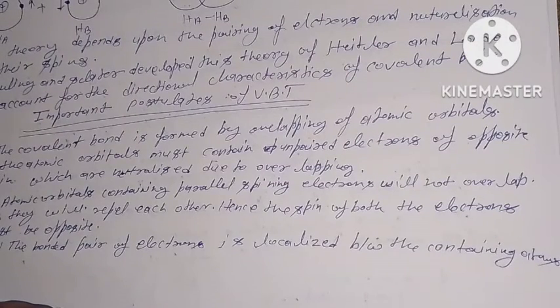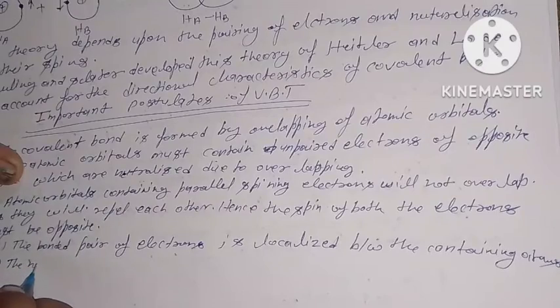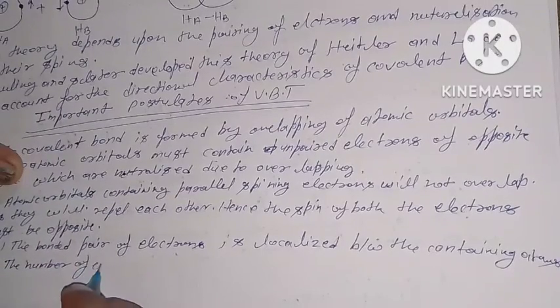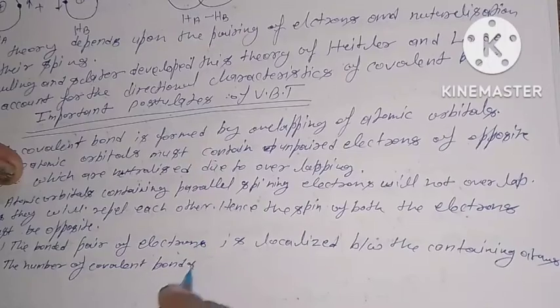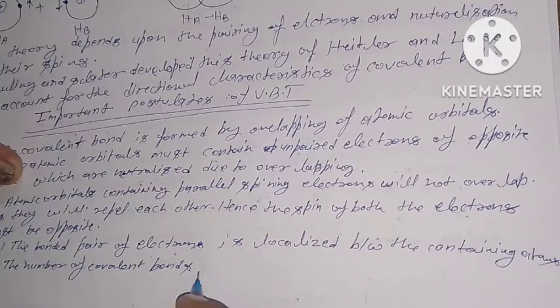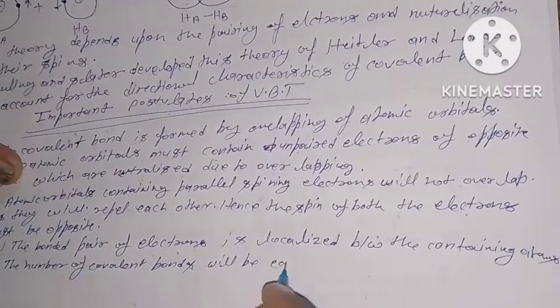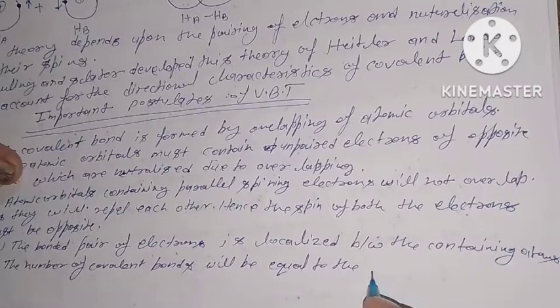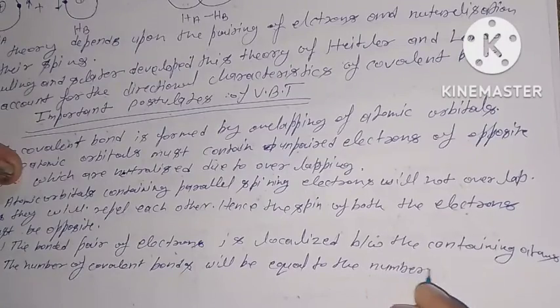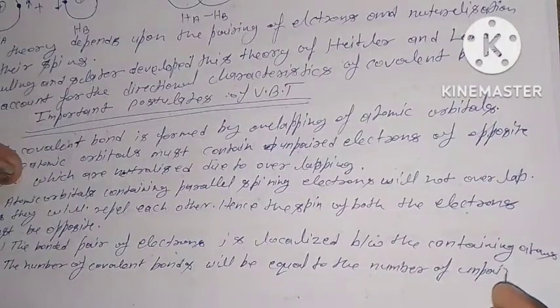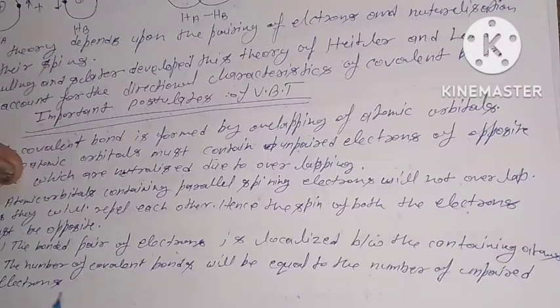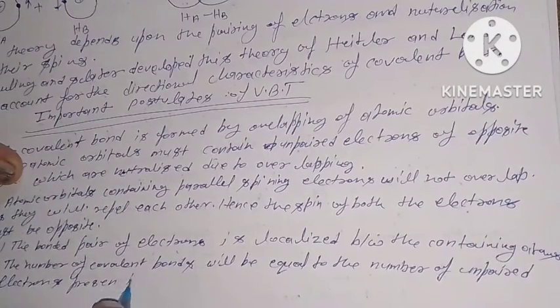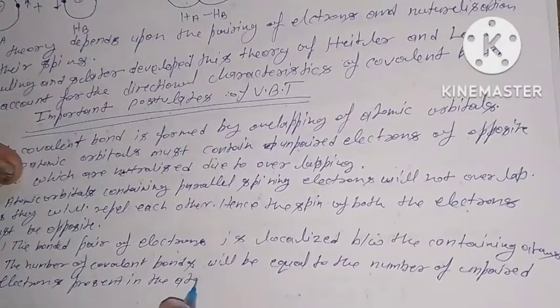The number of covalent bonds will be equal to the number of unpaired electrons present in the atomic orbitals.